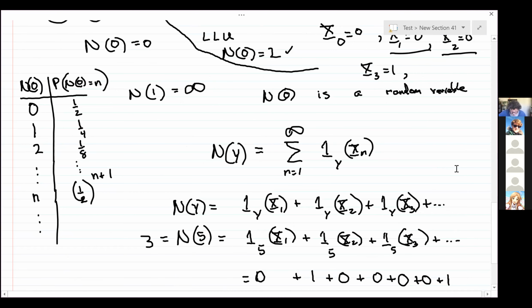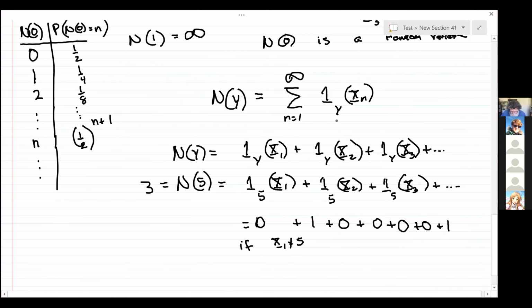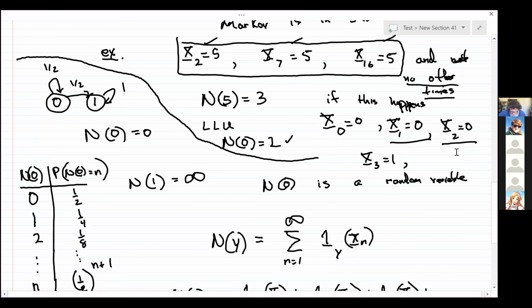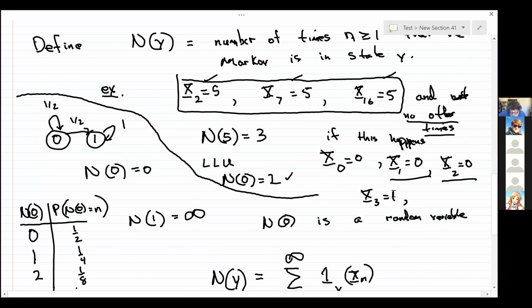So what's going on? This sum will only be 1 when you are at the state in question at that time. In this case, it happened at time 2. It happened at time 7. It'll happen one more time, at 16, where there'll be a 1.